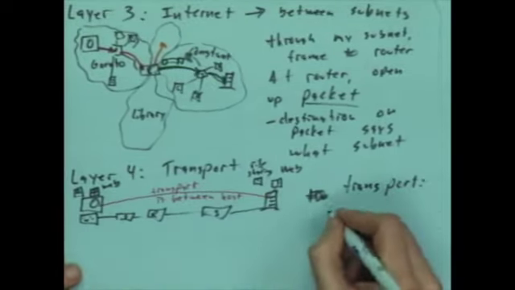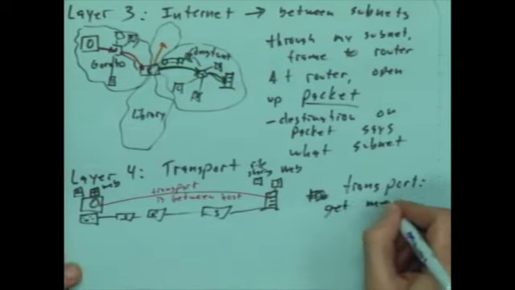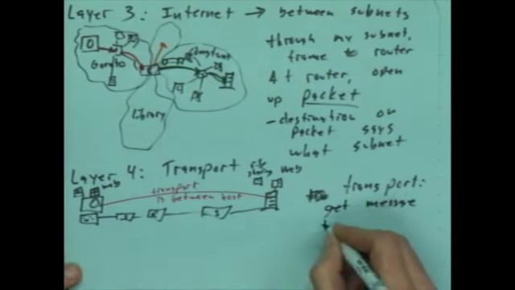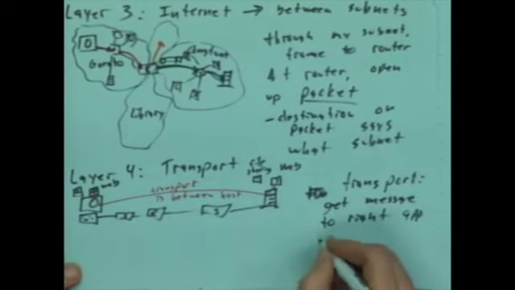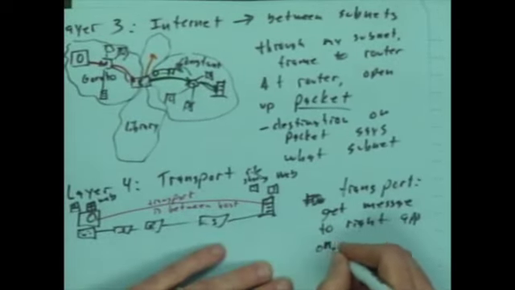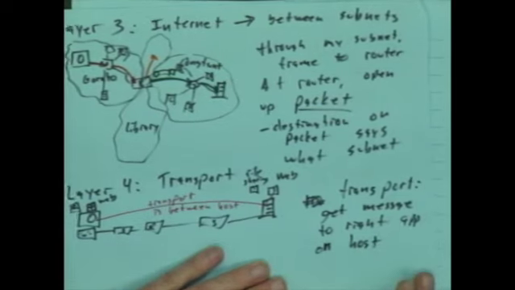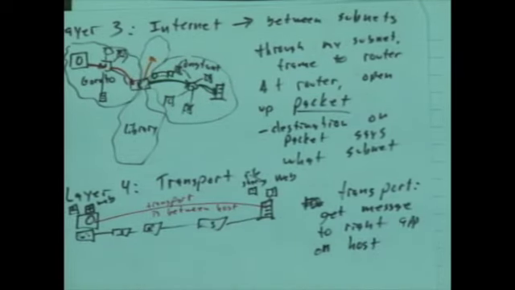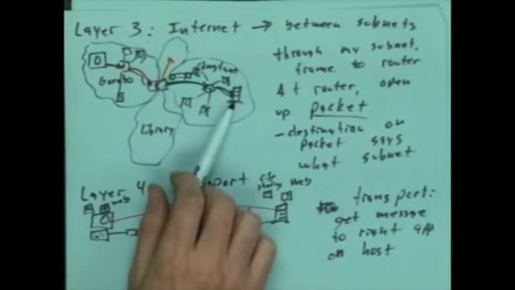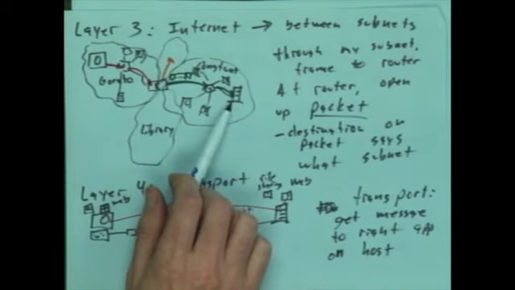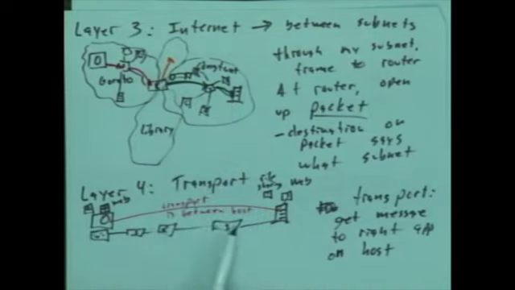This is for getting a message to the right application on the host. Okay? That seems like a nice function, right? So this, the layer 3, got me to the correct host. That's just to the machine, though. The transport layer gets you to the right application on the host.